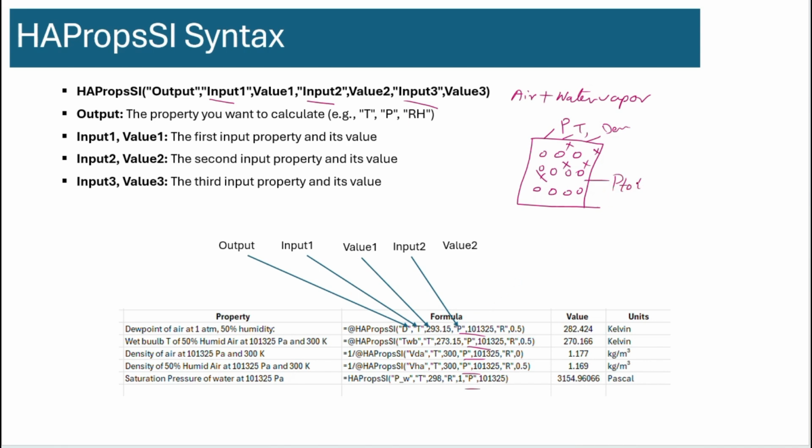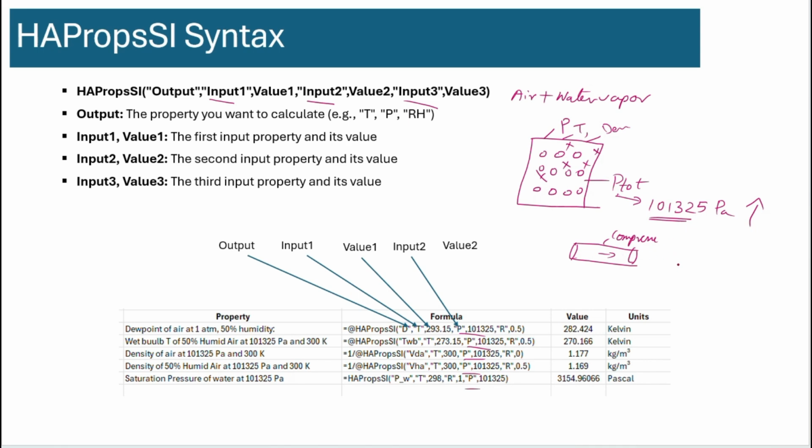And typically in most scenarios where we're considering ambient air or air in a room, the total pressure is very close to the atmospheric pressure, and it's around this value at sea level. Now if you're considering the pressure inside a compressed tube with air or a compressed chamber with air inside, you'll have to then use a higher pressure than this. This could be 1 or 2 or 10 times the atmospheric pressure.